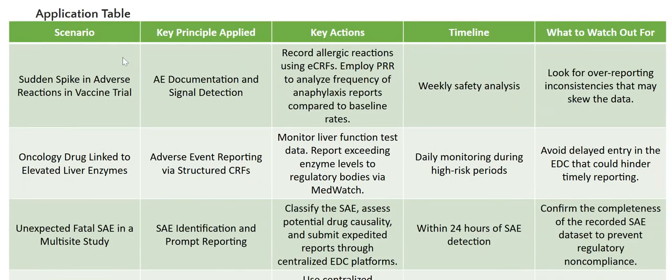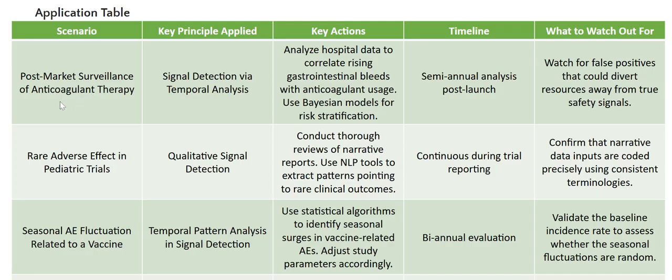Application table: we have scenarios, and for each scenario, the key principle that was applied, key actions, timeline, and what to watch out for. Scenarios: sudden spike in adverse reactions in a vaccine trial, oncology drug linked to elevated liver enzymes, unexpected fatal SAE (serious adverse event) in a multi-site study, geographic trends in AEs during phase 3, post-market surveillance of anticoagulant therapy, rare adverse effects in pediatric trials, seasonal AE fluctuation related to a vaccine, and integration of wearable data and AE detection.